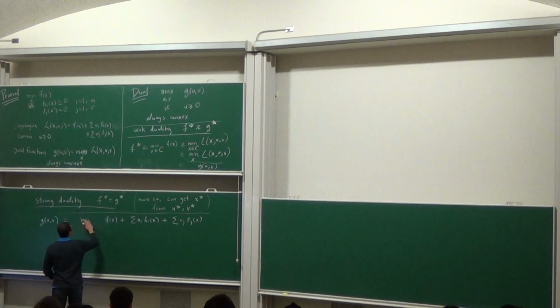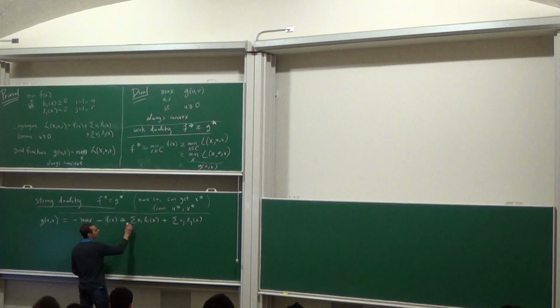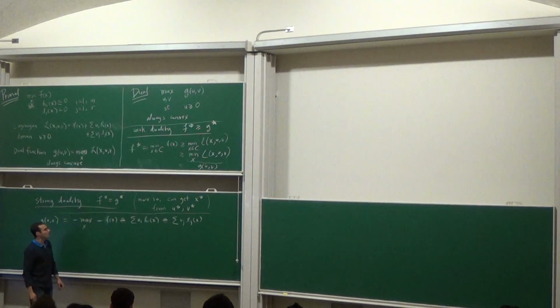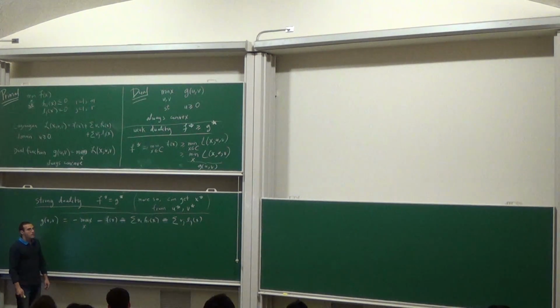I'm going to write that as the negative of the maximum over all x of the negative of these quantities. Did it change anything?